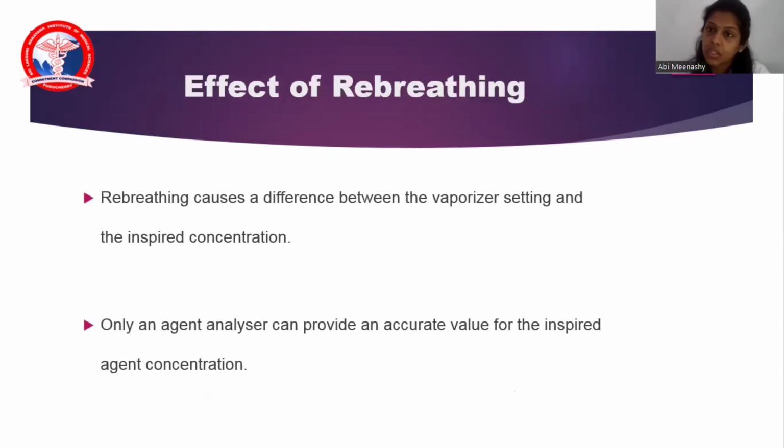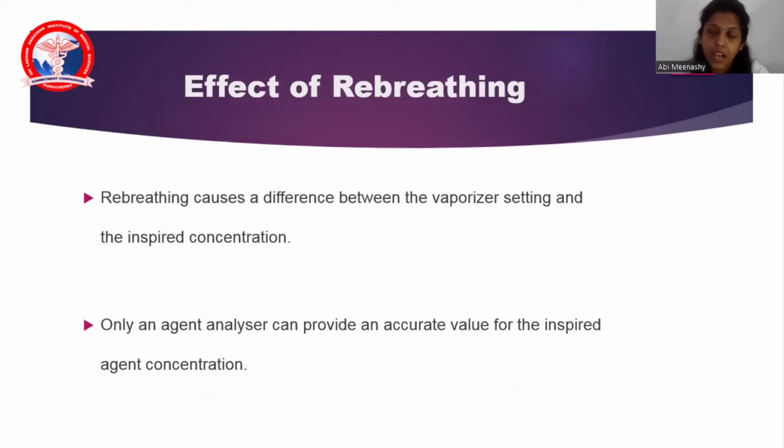So we've read about the back pressure: your pumping effect, your pressurizing effect, your carrier gas composition. Now next is rebreathing. What is rebreathing? Patient is breathing back whatever he or she has exhaled. So a patient inspires O2, nitrous, your agent. What does the patient expire?